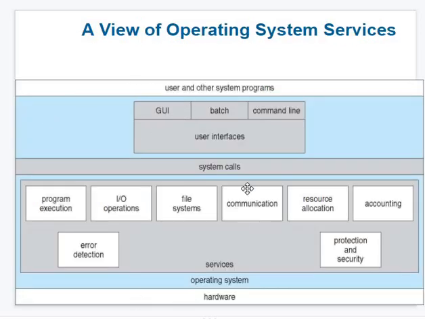Some of the services we have seen. Then we have noticed the important view of operating system services, how it looks: one side hardware, another side user, through different interfaces like a graphical user interface, command line interface, or through batch system.